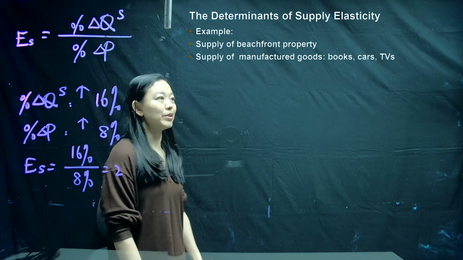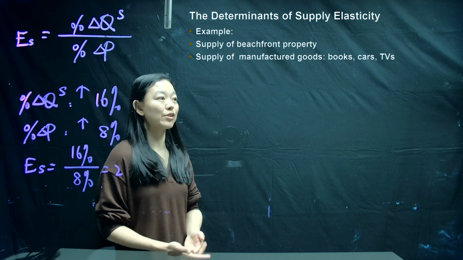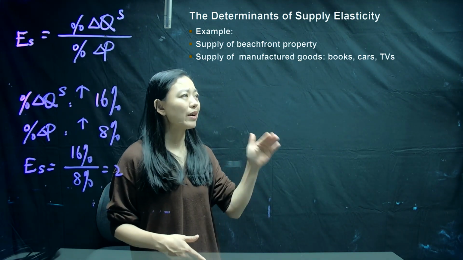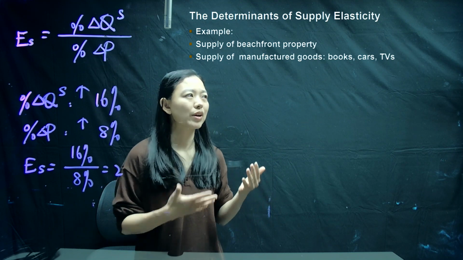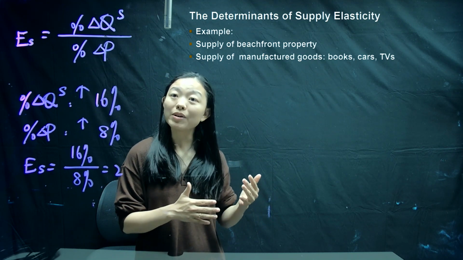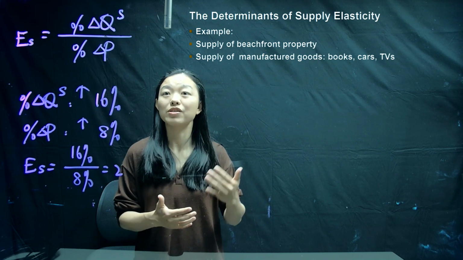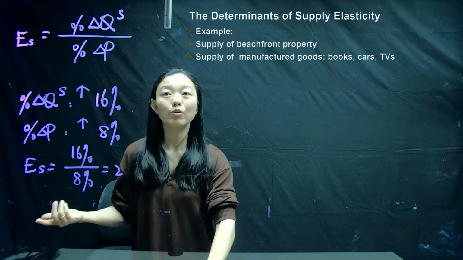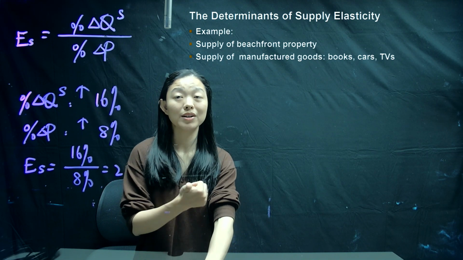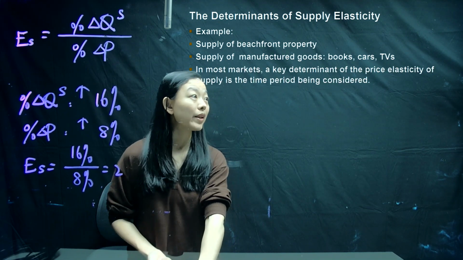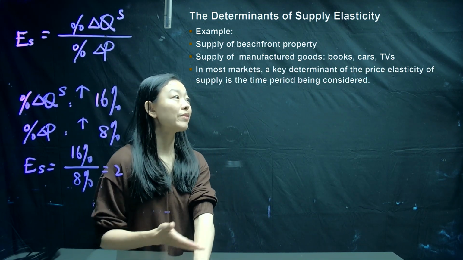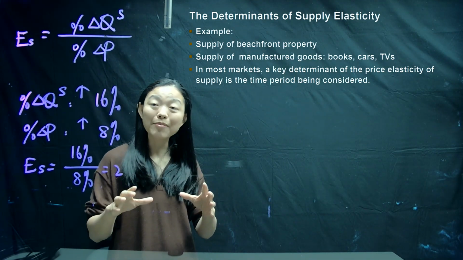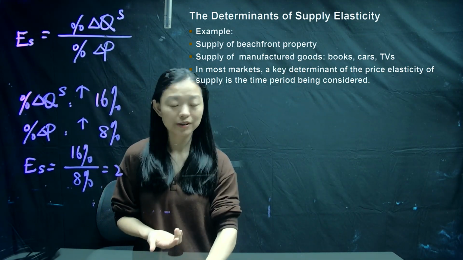Let's look at another example: supply of manufactured goods such as books, cars, or TVs. When we talk about the supply of manufactured goods, we might think that for those goods, it might be easier to adjust the quantity supplied than for beachfront property. However, there is another thing you also need to consider, which is time. In most markets, a key determinant of price elasticity of supply is the time period being considered.